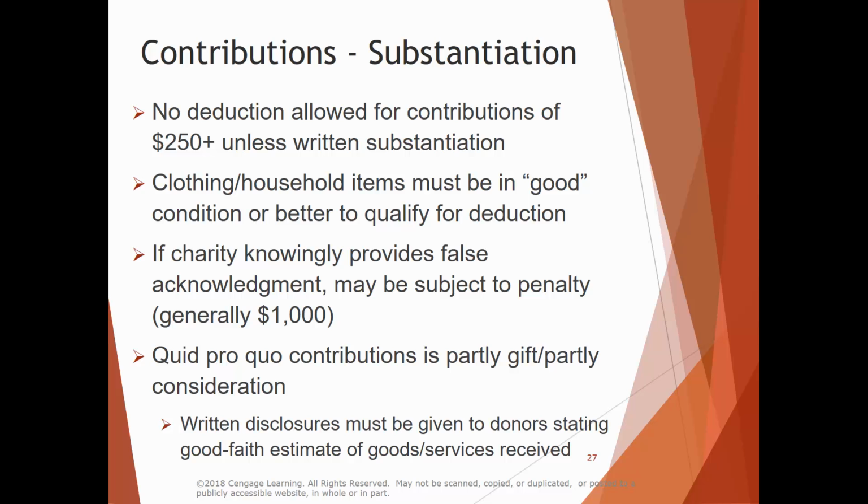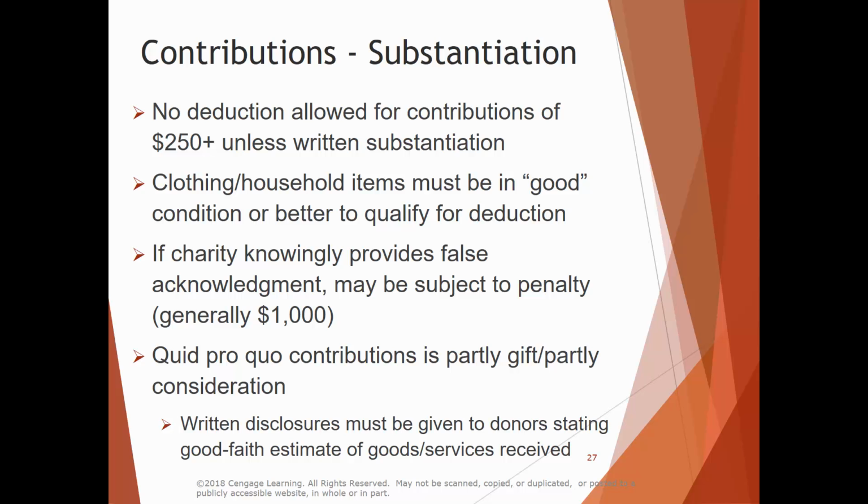For $250 or more, you need written substantiation. Clothing and household items must be in good condition. I don't know how they know that. If the charity gives you a receipt that intensifies the amount you should be writing off, they can get penalized. So there's a lot of documentation here.